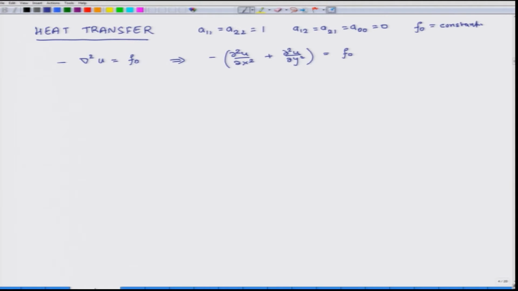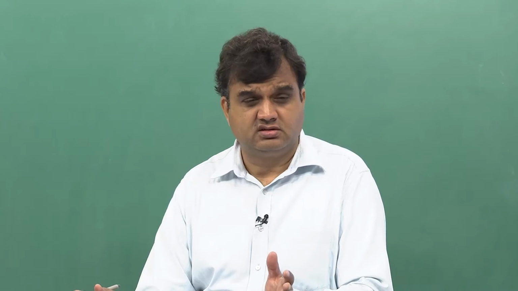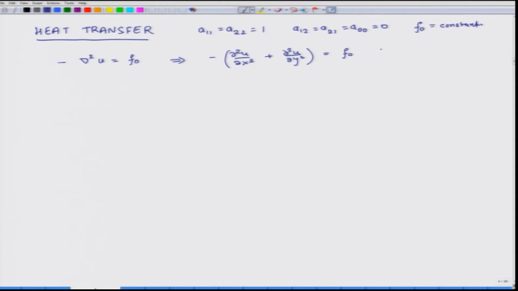So, this is the governing differential equation, and this governing differential equation is valid at what locations? It is valid for the domain of the problem. In this case we say that the domain of the problem is a rectangle.